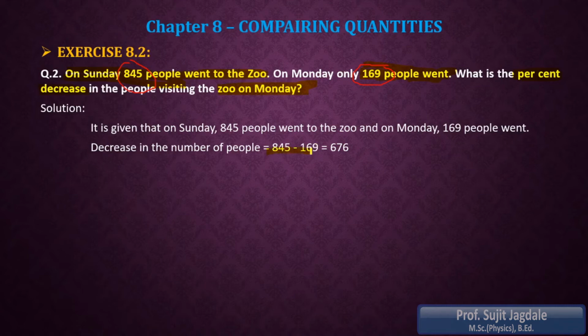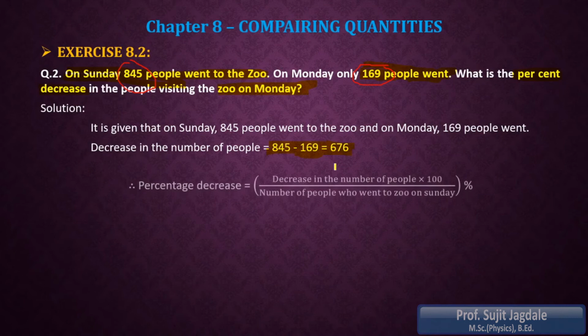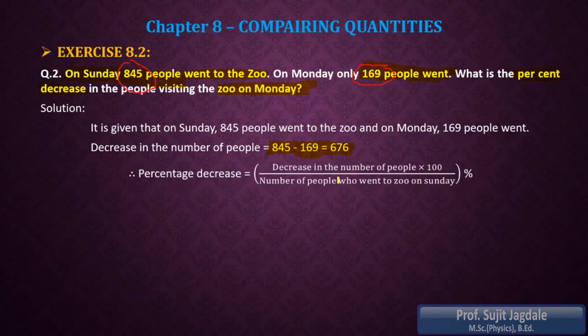By performing this subtraction we get the exact decrease in number of people on Monday. Now the next thing is to calculate the percent decrease. We have obtained the number, but we have to express it as a percent, so we multiply the ratio by 100, then we get the percent decrease.